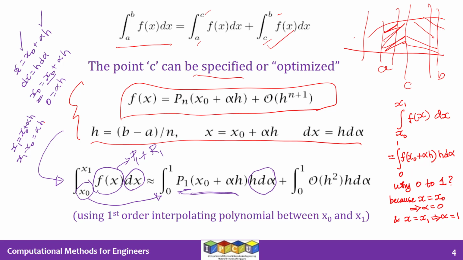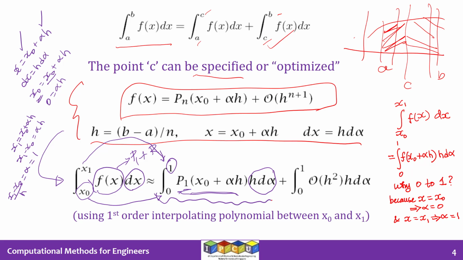And using the definition of h, we know x1 minus x0 by h is going to be equal to alpha in this expression, and x1 minus x0 by h is nothing but equal to 1. Therefore, alpha equals 1. So this is the upper limit of the integration. So x1 in the new variable alpha becomes 1 and x0 becomes 0. So we have successfully integrated the first part.